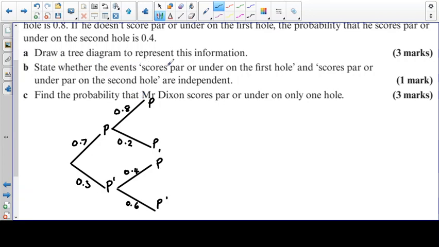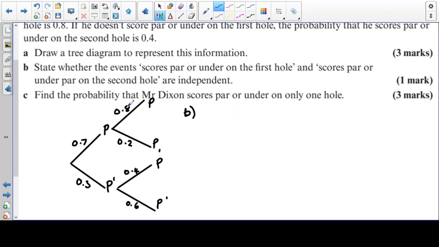They are not independent because the probability from one branch to the second branch is different, which means that it must be dependent on that. I probably should use a different letter to write it in symbols, but that's ultimately what it means.